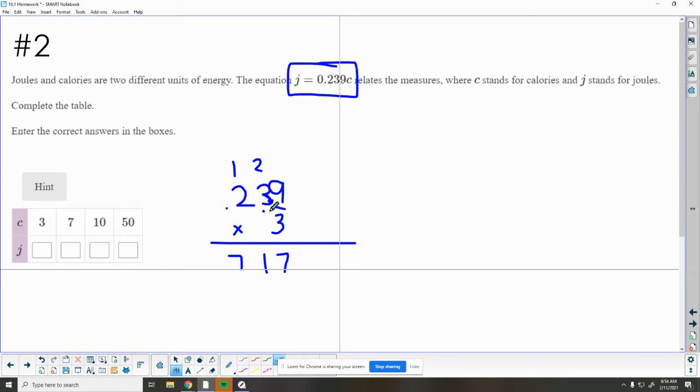And I have 1, 2, 3 decimal places. So this first number right here, I'll type in 0.717. So I'm going to let you finish this table using this equation here. Each time we know C, so plug in C and multiply, and that will tell you the conversion to joules here.